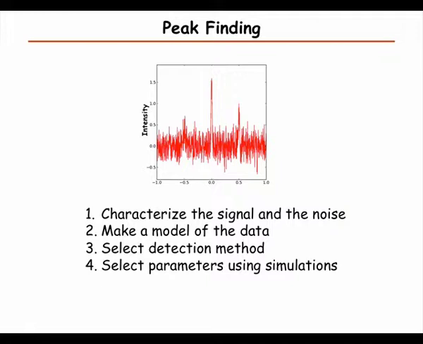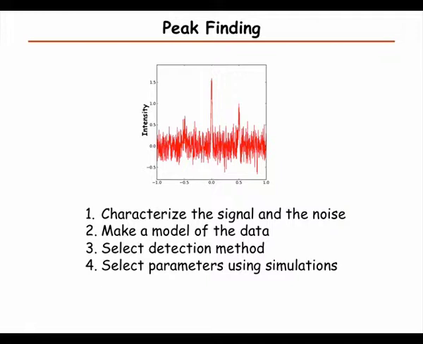So a more general way to go about this is to first characterize the signal and the noise, and then make a model of the data, and then decide on some kind of detection method. Since we have a model, we can do simulations to then select the parameters that are to be used.